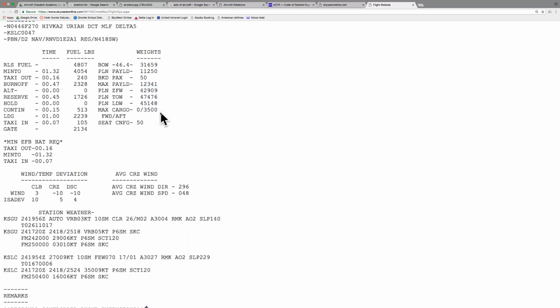This is the weight after everything's on the airplane, as far as bags and passengers. This is kind of the limit that they have. So yeah, the planned payload is just the passengers and expected weight of baggage, and this is the max they can operate with.